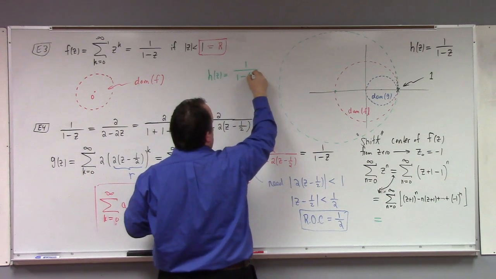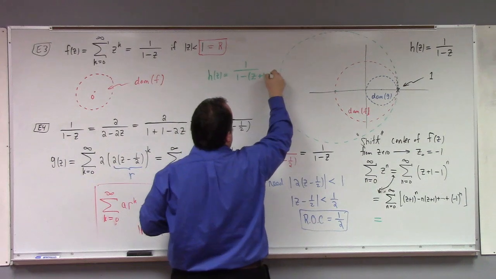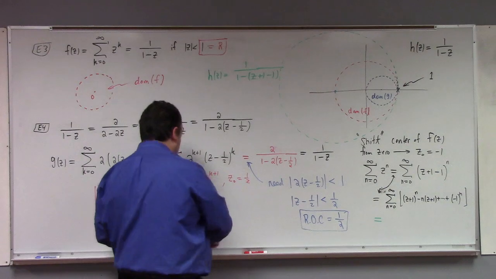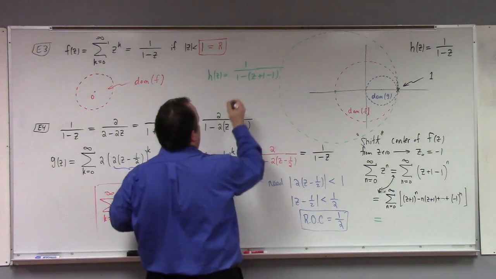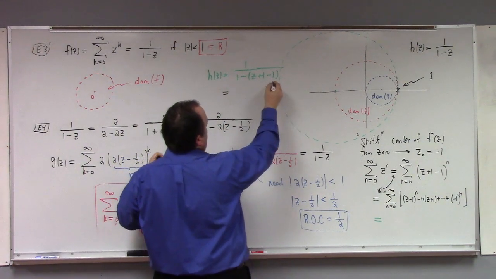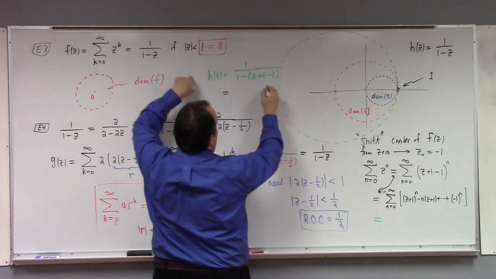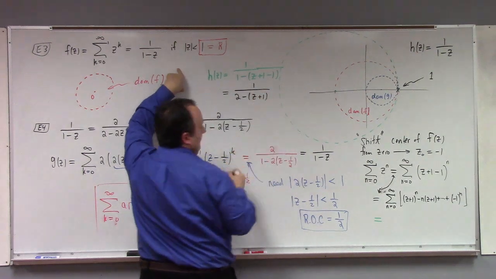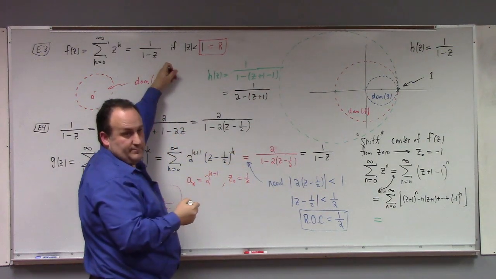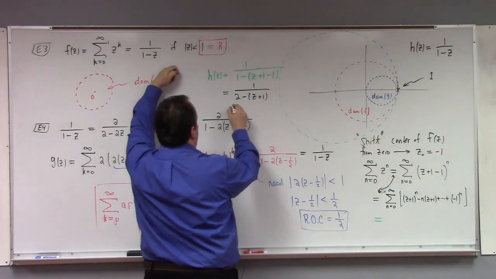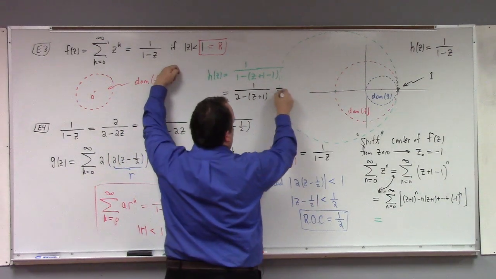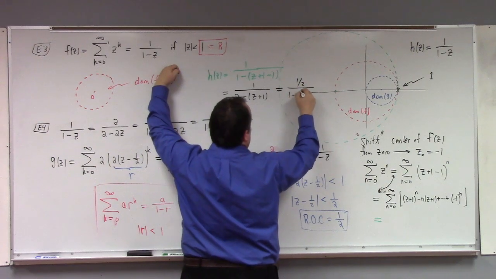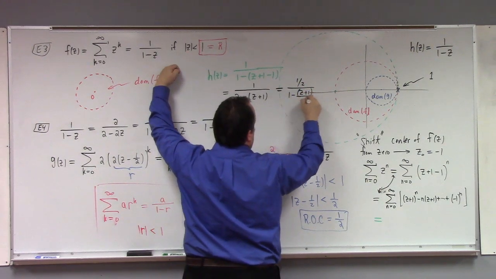But instead of z, I do z plus 1 minus 1, which gives me, that's a 2, right? 1 over 2 minus z plus 1, which we factor out a 2 here. I'm going to put the half up top. 1/2 of 1 minus z plus 1 over 2. All right?